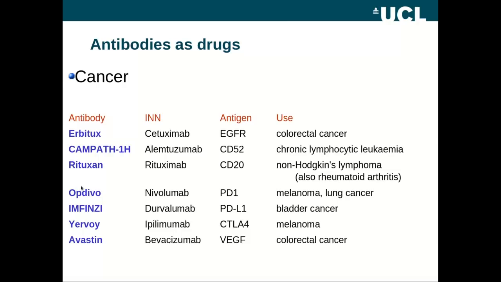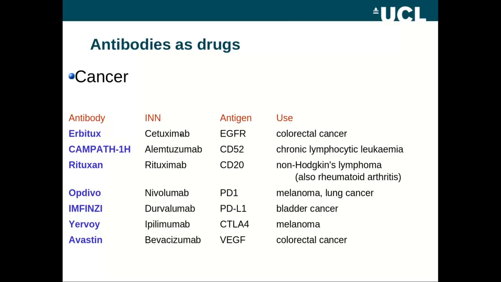The INN is this international non-proprietary name. So once a drug goes off patent, and that means that other companies can then start to produce copies of the drug, they can sell it under this name. And they can make up their own commercial names as well, but this name allows doctors to see that this is the same thing as Erbitux.